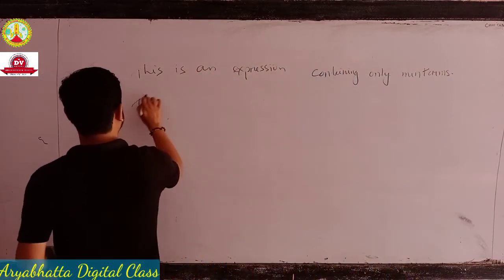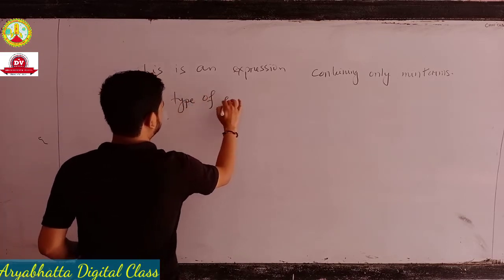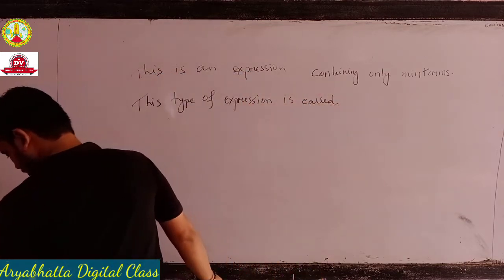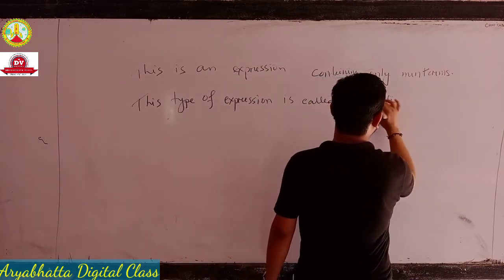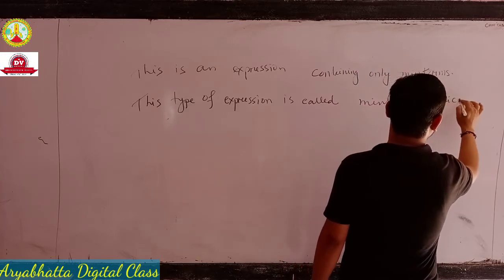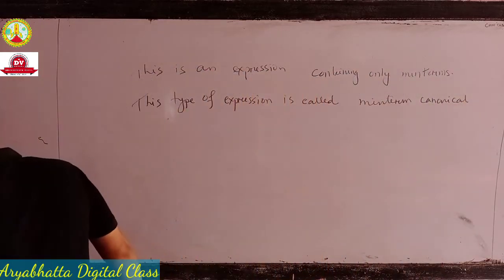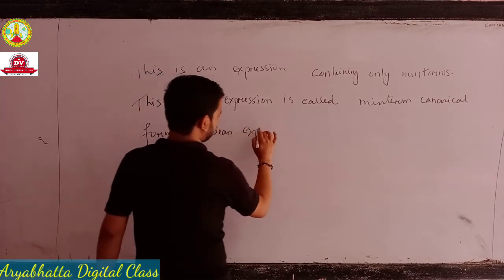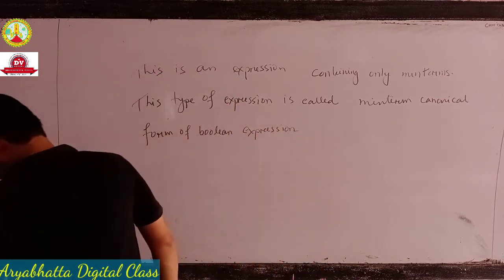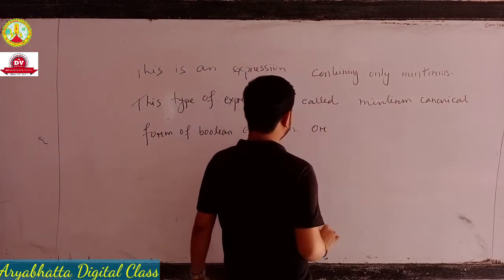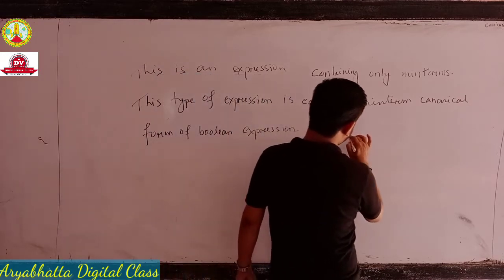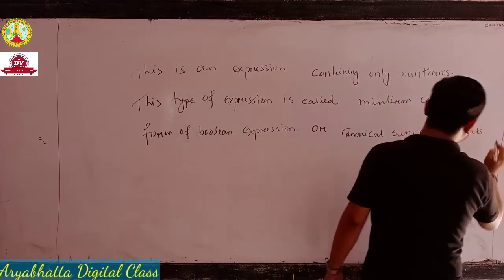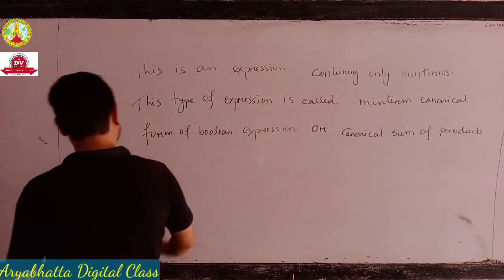This type of expression is called min term canonical form of Boolean expression or canonical sum of products form of expression.